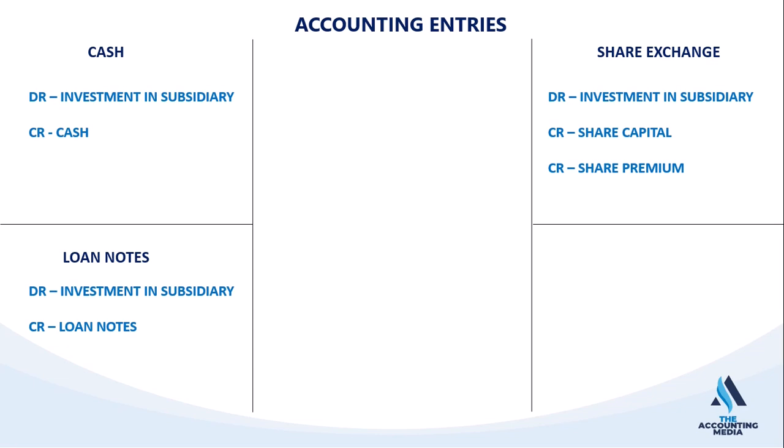Why? Because what comes to my share capital account is only the portion which is nominal value. So if I issue 10,000 shares to the owner of the subsidiary for 4 naira, for example, but my nominal value is 1 naira or $1, what will I do? I will just say 10,000 shares multiplied by $1, because that is my par value. That will come to my share capital.